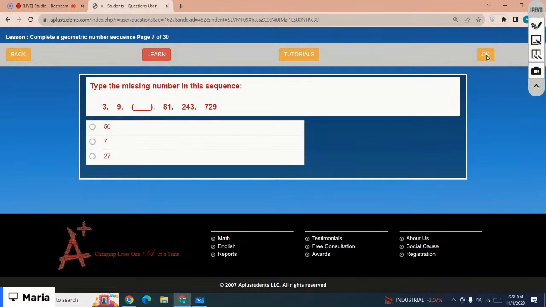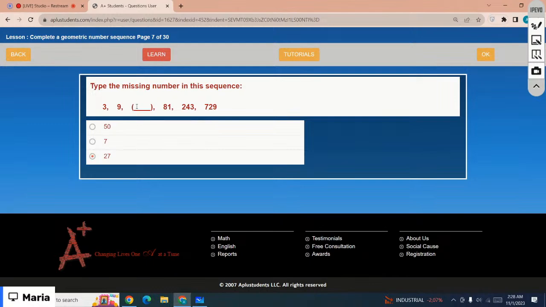The next number in the sequence is, yes, it is 27, not 7.